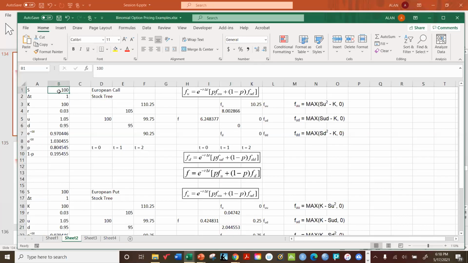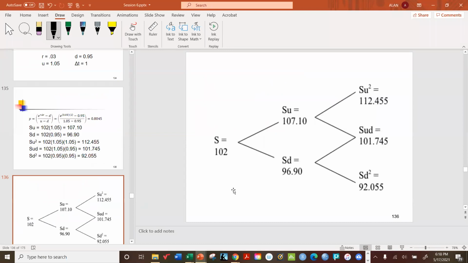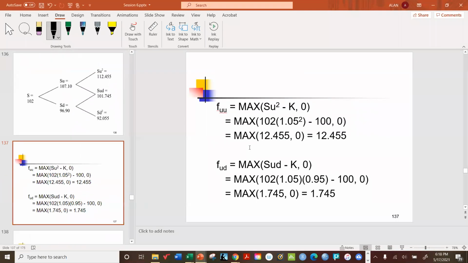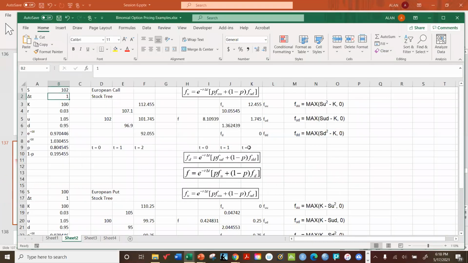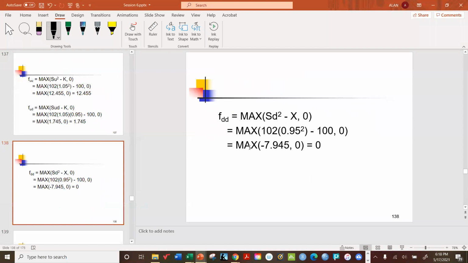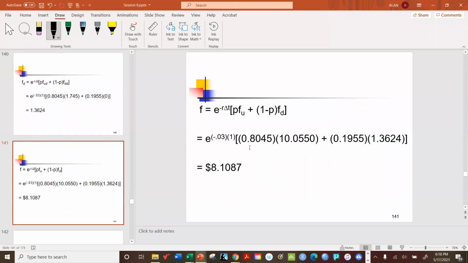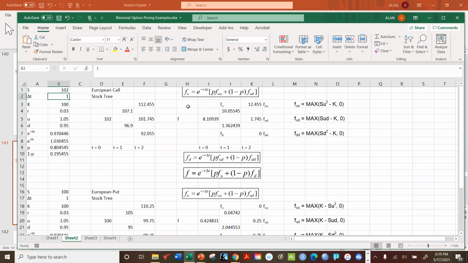Let's see what happens if I change this to 102. It should give me the same results. Yeah, that was weird. All right, well, let's do that.